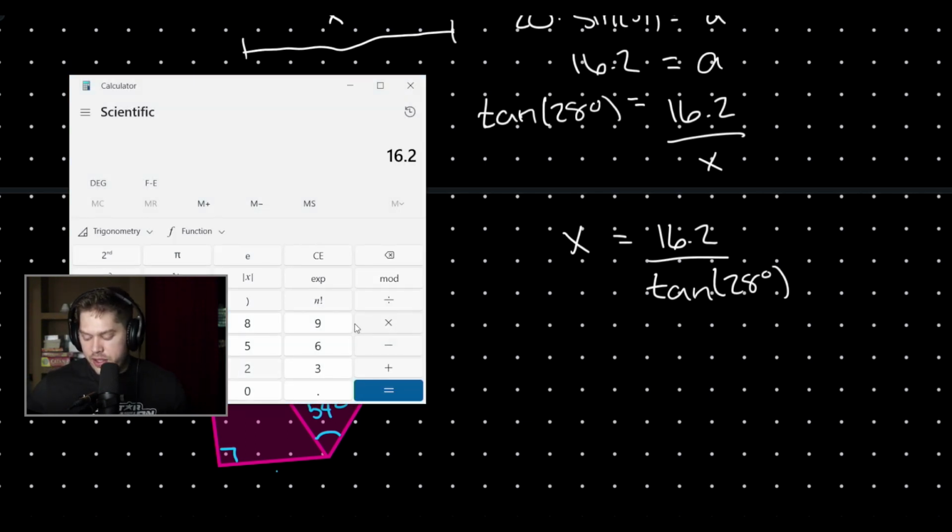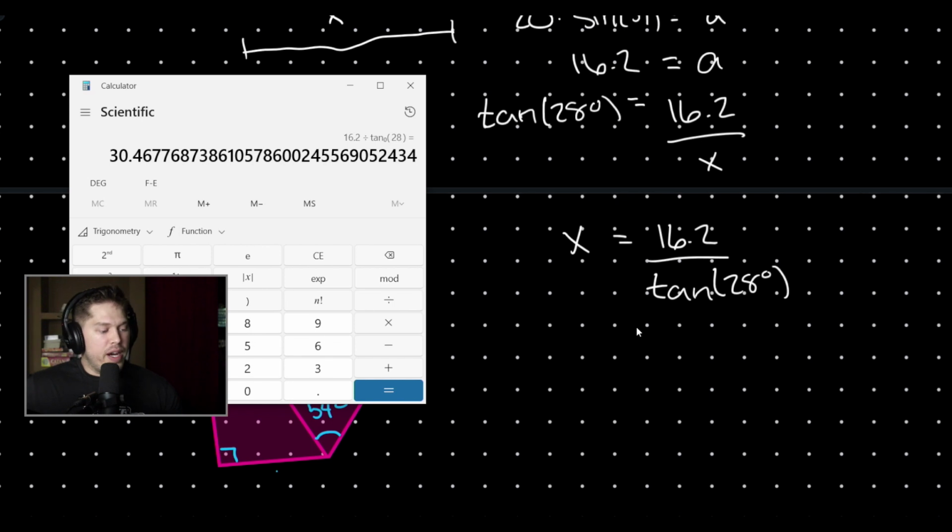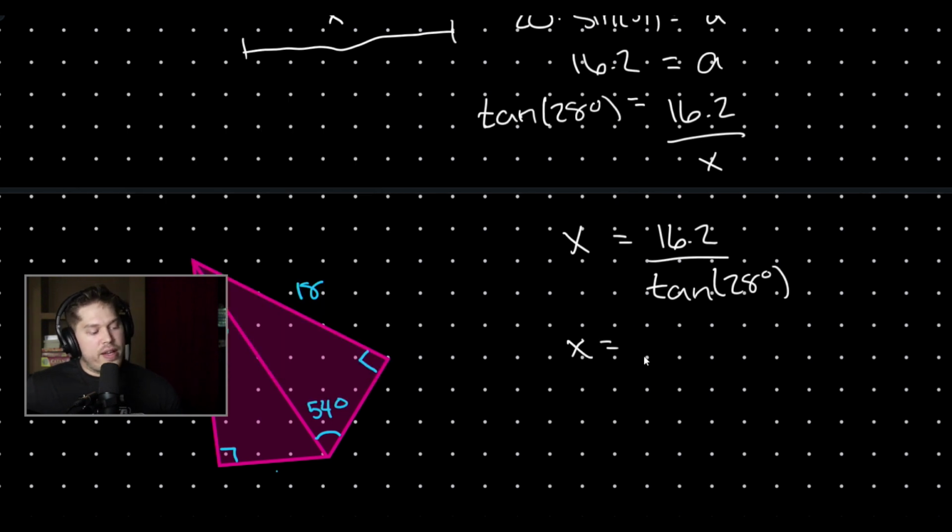Okay, 16.2 divided by the tangent of 28 is 30.5 once rounded. So x is equal to 30.5.